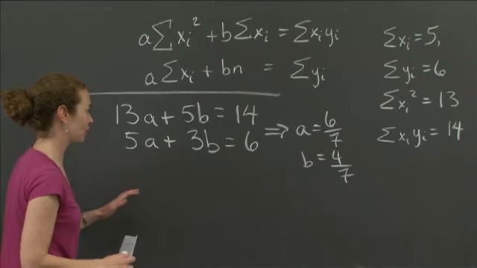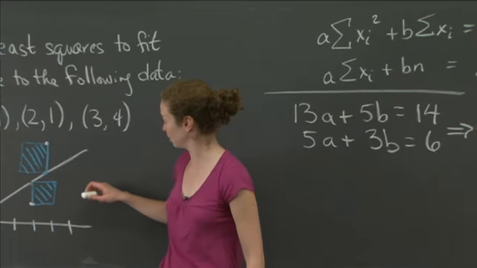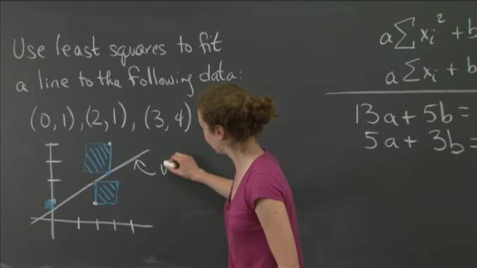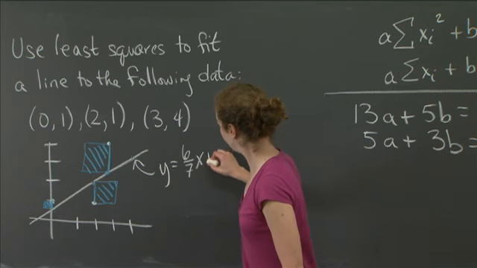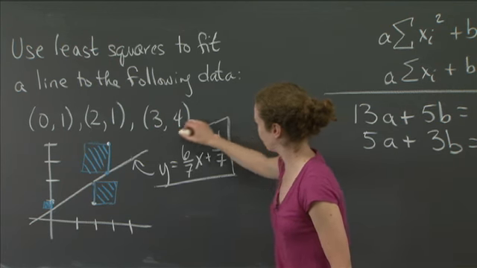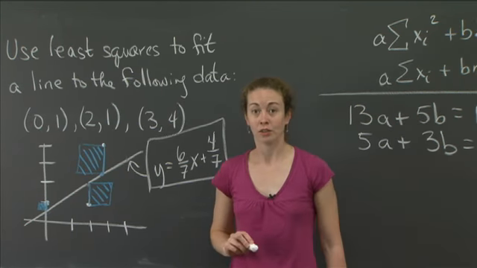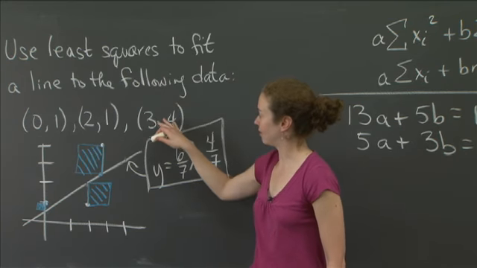Okay, and so what that tells you is if you come back over here, the line we actually want, I'll write the solution right here, is the line y equals 6/7 x plus 4/7. That is our least squares line. That is our solution. Okay, so that is actually solving for a line to fit these data.